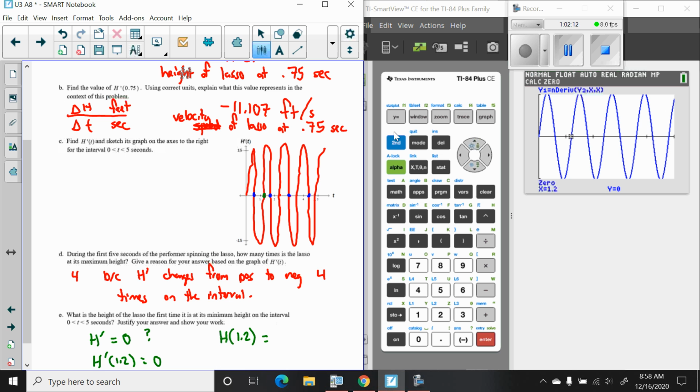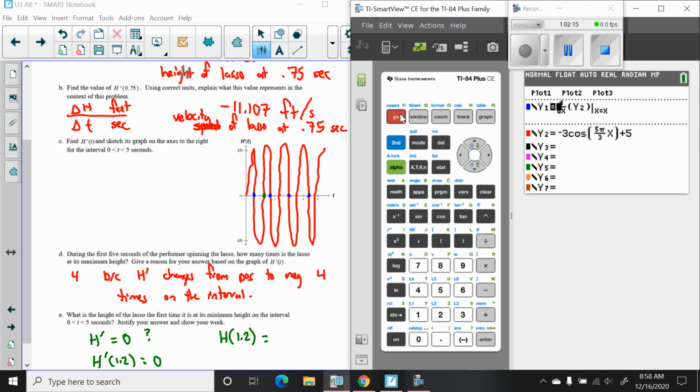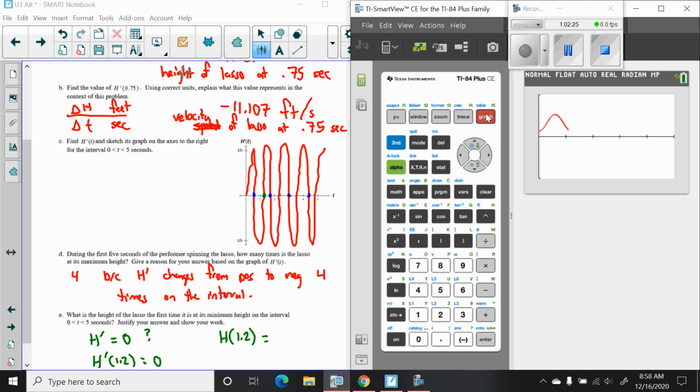So we'll just go back to that other graph, turn it on, and enter. Turn that other one off, graph it. So again, we changed it. There it is at 1.2. It's a minimum, right? And this is going to represent the height.